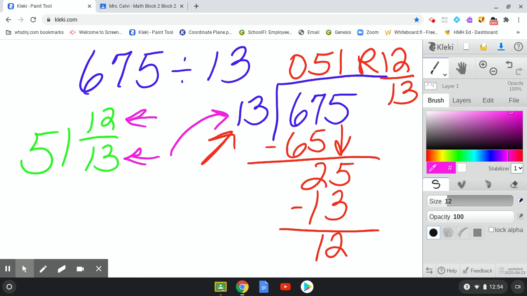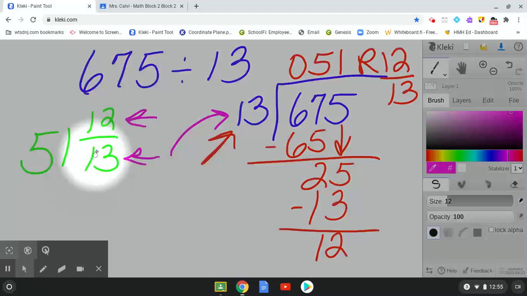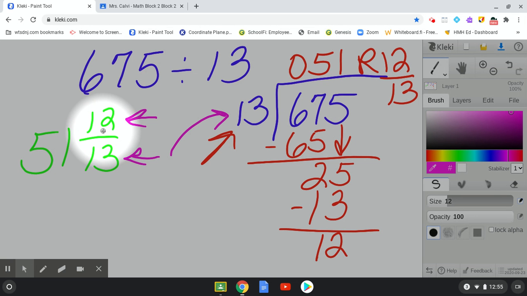Okay. Now this fraction I have here, 12/13, it just so happens that it cannot be simplified down or reduced. If they can be simplified, which means the numerator and the denominator are divisible by the same number, you would need to make sure you simplified all the way down.